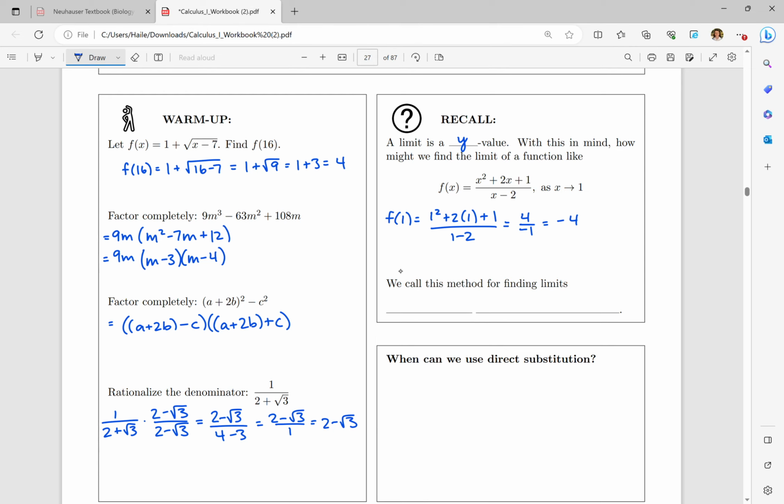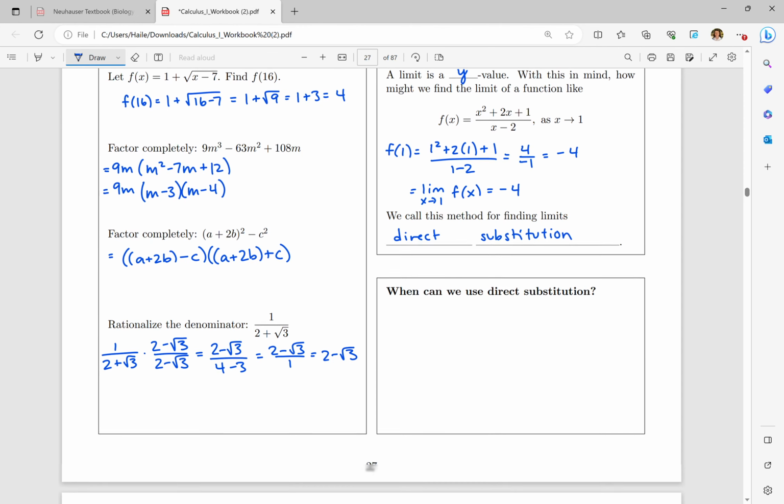So we could say that the limit as x approaches 1 of f of x is equal to negative 4. And we call this method for finding limits direct substitution. Now, we can't do this all the time, but in many nice cases we can. So as long as a function has a y value, we can directly substitute.